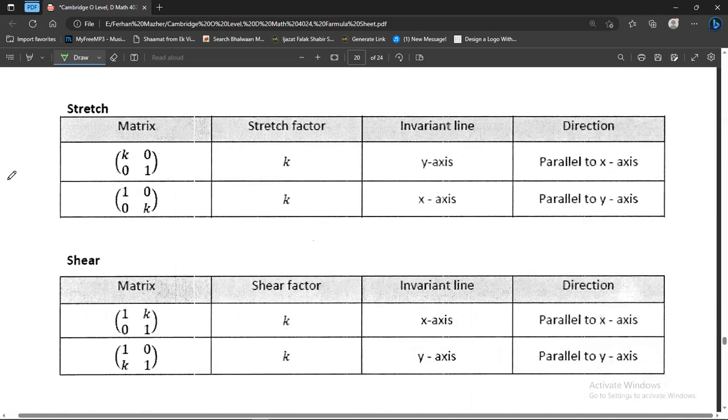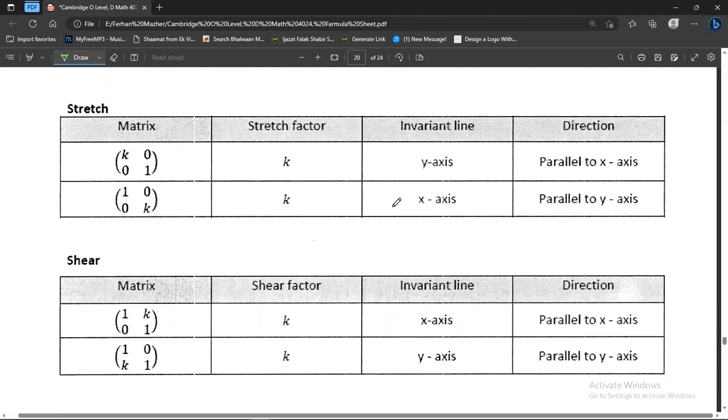The stretch has been removed from your syllabus, but just for the sake of the video, I am explaining it to you. If you have stretch factor k, the invariant line is the y-axis, and you move parallel to the x-axis, so it will be k, 0, 0, 1.